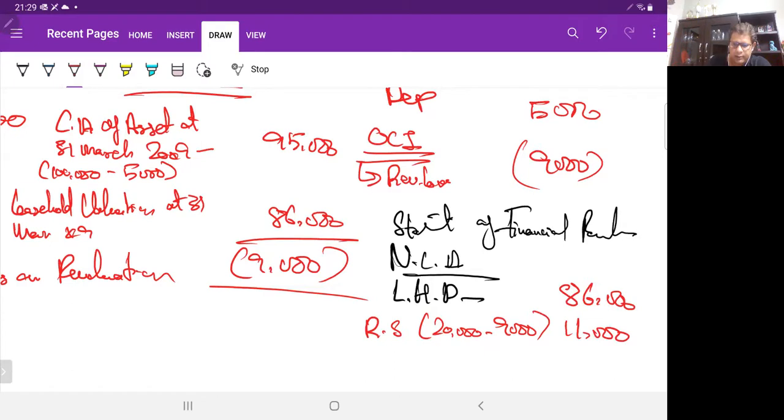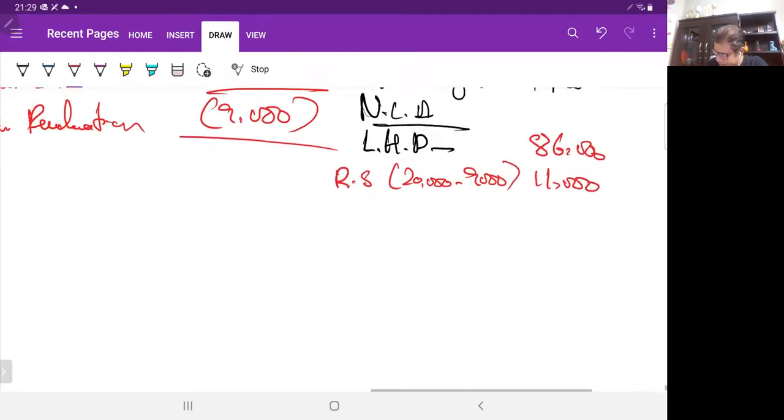And the next one, statement of changes in equity extract.